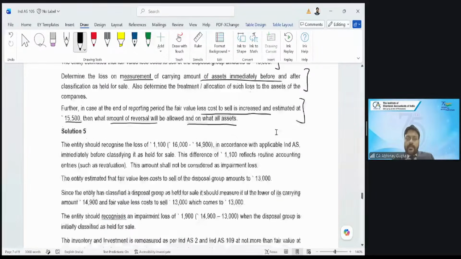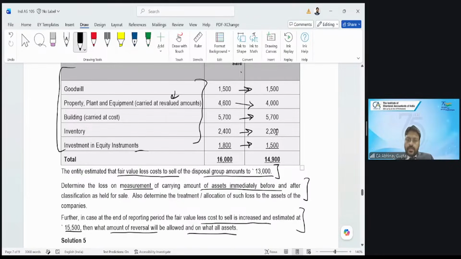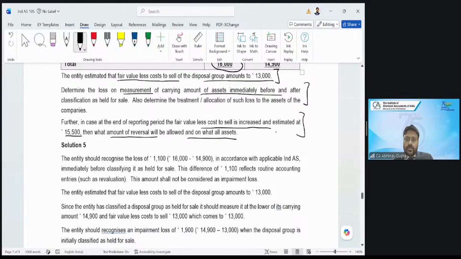So carrying amount is given in the question at 16,000, right? Here it is, 16,000, correct? And the fair value less cost to sell is given in the question at what value? 1490, right?